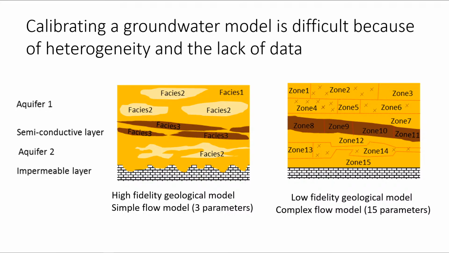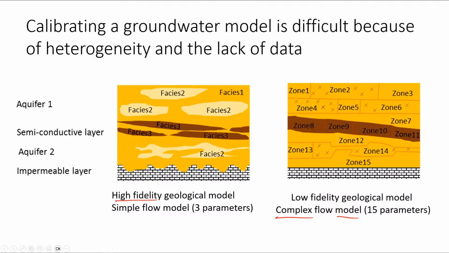Here I just want you to differentiate between two things, a high fidelity model and a complex model. These are conceptual understandings. For example, see this example on the left hand side. This is a high fidelity model.